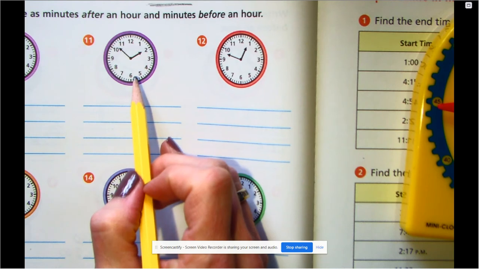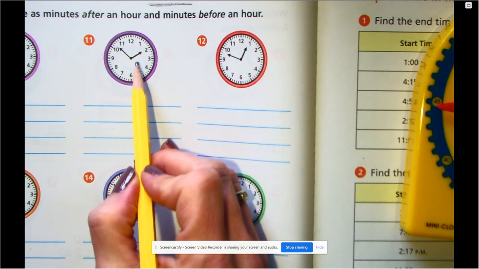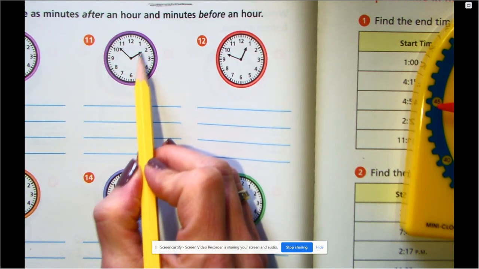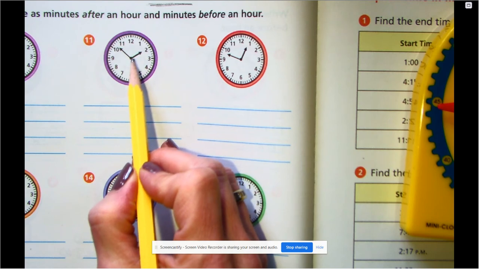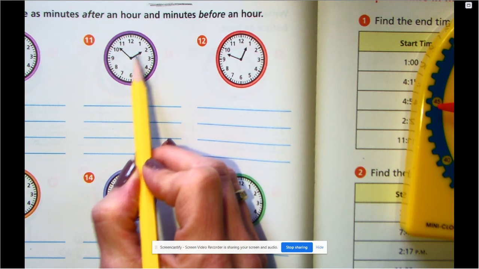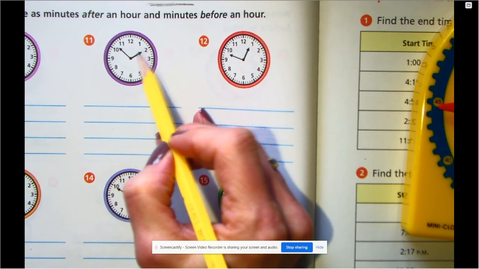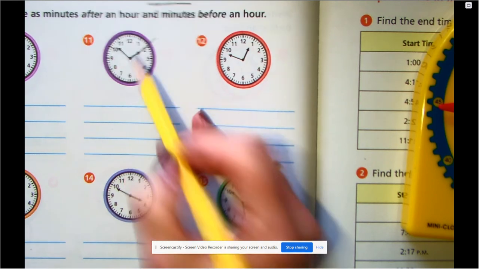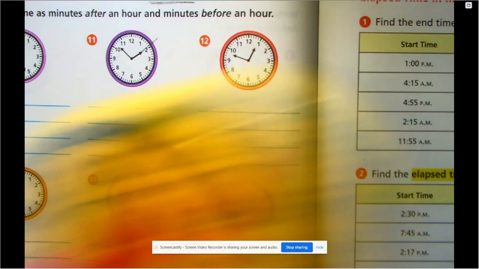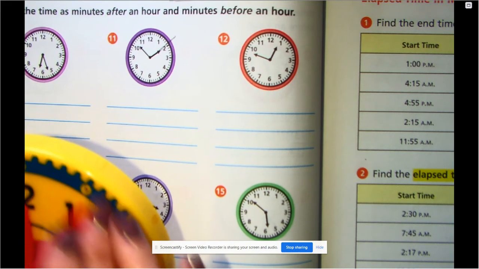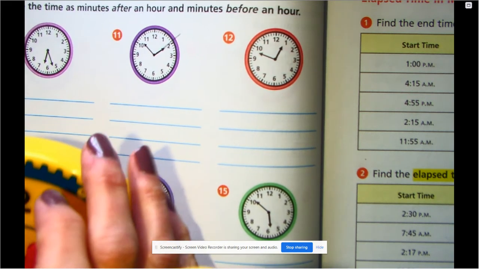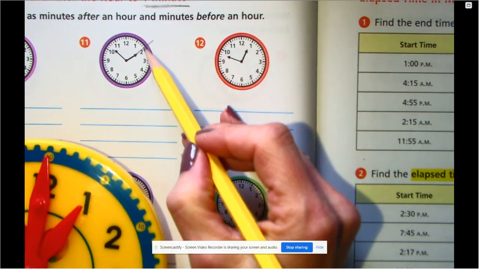And let's try number 11. Let's look at that. Identify the time first. Okay, I can see that my hour hand, it's the shorter one, is right here. So it's in between, right? So when I make this time on my clock, I'm going to go back to that 1 o'clock time, because it's not quite 2.